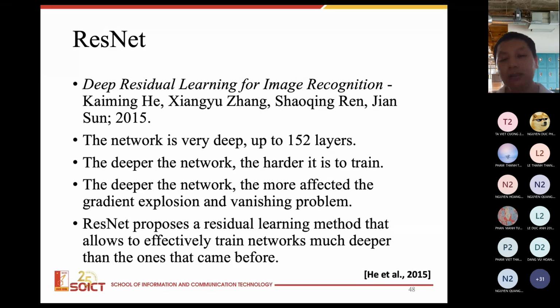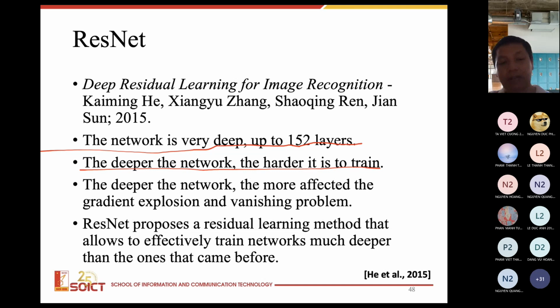So ResNet was proposed in the paper Deep Residual Learning for Image Recognition in 2015. The network is very deep, up to 152 layers. The deeper the network, the harder it is to train. This is the observation from training networks, right?